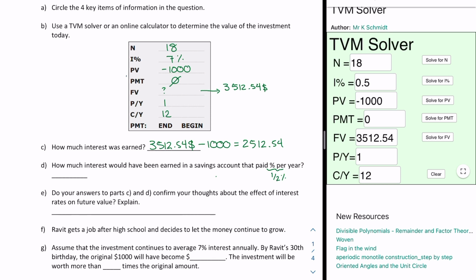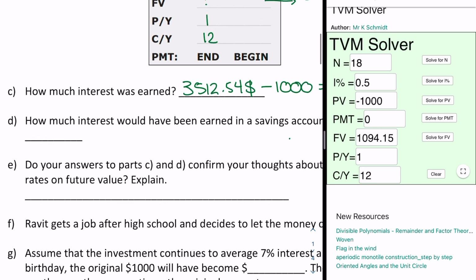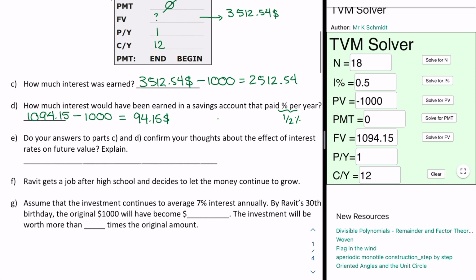Then we solve once again for the future value. Your future value is $1,194.15. You put $1,000 in, so you're left with $94.15 as the interest earned.